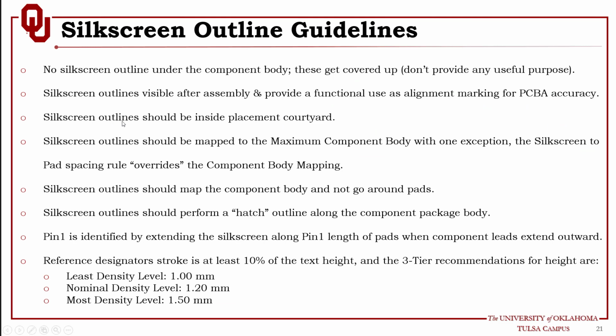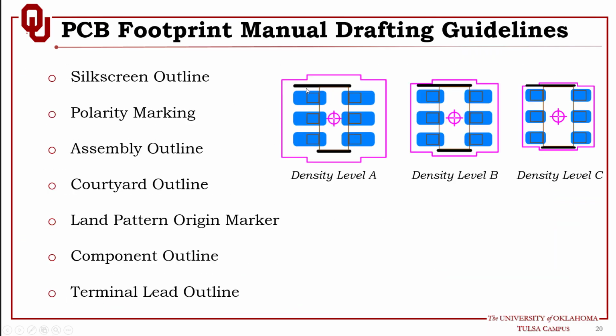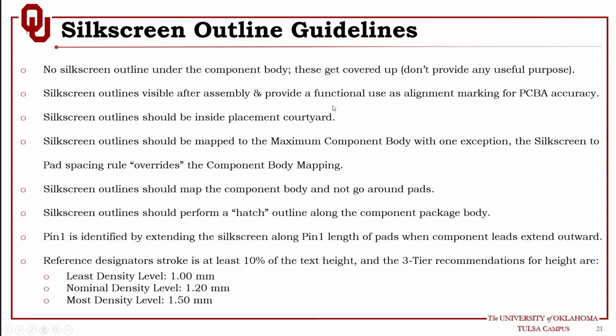The silk screen outline should be inside the placement courtyard. You cannot put these outside the courtyard. Basically, as we said, the courtyard defines the maximum dimension of the chip with some tolerances, so they cannot be outside the courtyard. These are guidelines you should follow.